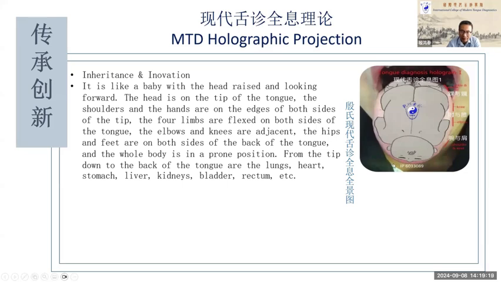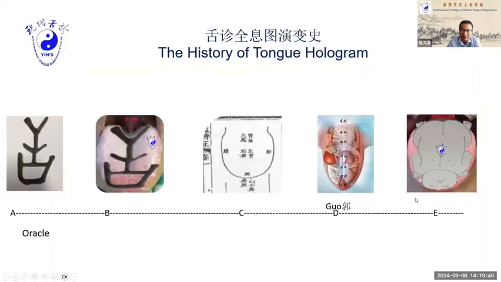It's looking forward, not with the head in a front prone position. The head is on the tip of the tongue. The shoulders and the hands are on the edges of both sides of the tip. If you see this side of the picture, you can see the hand.